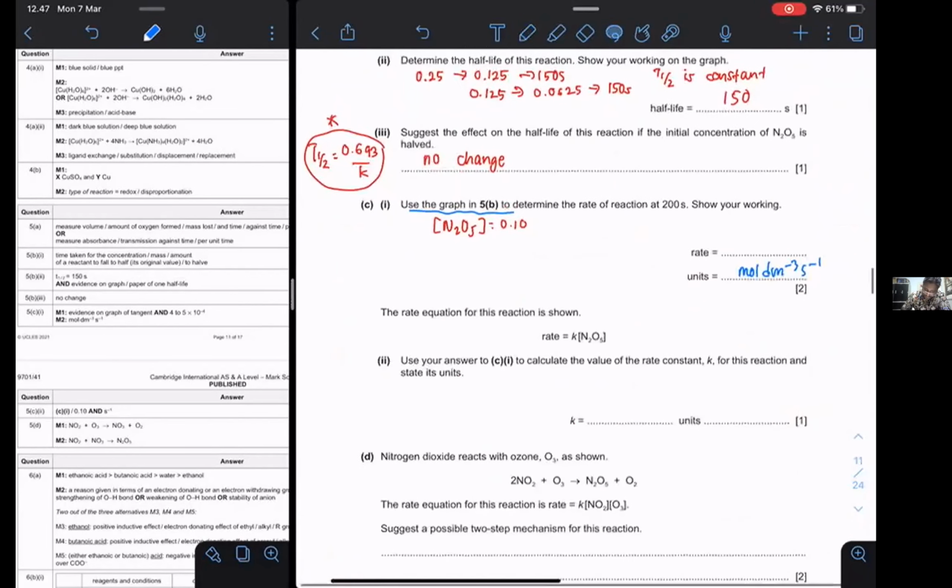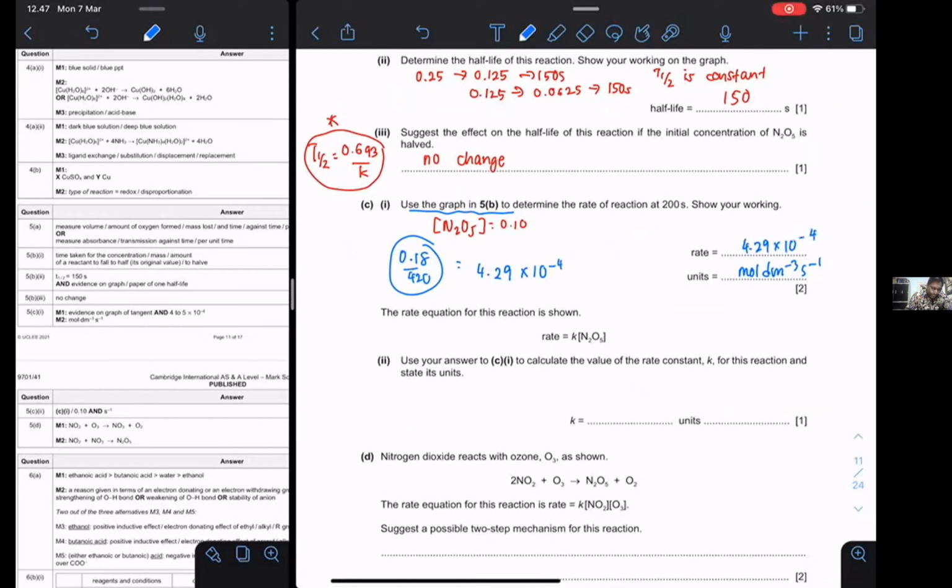Let's calculate 0.18 divided by 420, similar to what I calculated just now, but you will need to show this. It's going to be 4.29 times 10 negative 4.